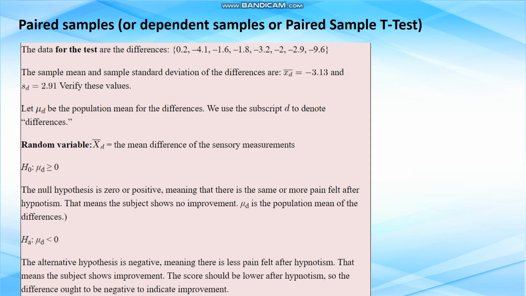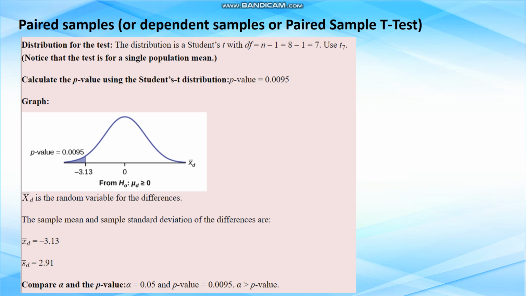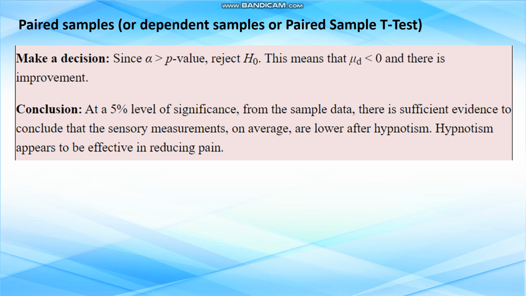Okay, let's check the condition. If you apply the data to the SPSS, it will be very easy. That is the conclusion. At the 5% level of significance, it means you accept the 5% error rate.